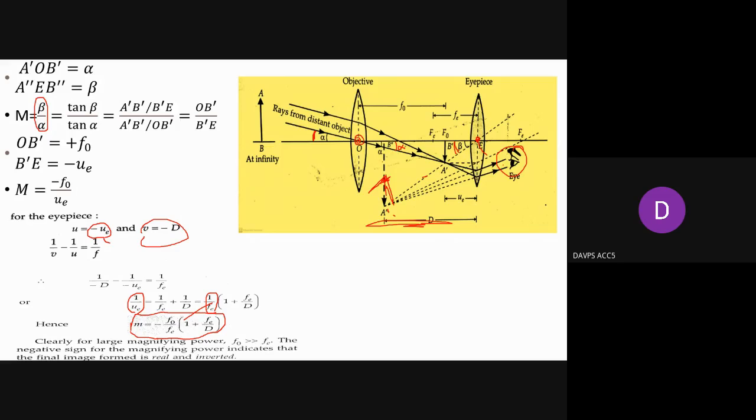And clearly, for large magnification, f naught must be greater than fe. The focal length of the objective should be greater than the focal length of the eye lens to get the magnified image. The negative sign indicates two things from that formula: the focal length of the objective should be greater than the focal length of the eyepiece, and the final image A double dash B double dash is inverted with respect to the object.